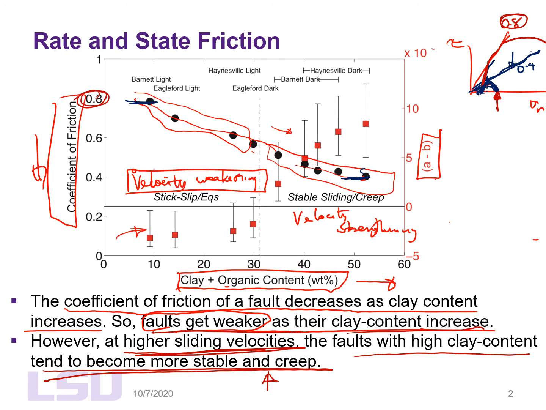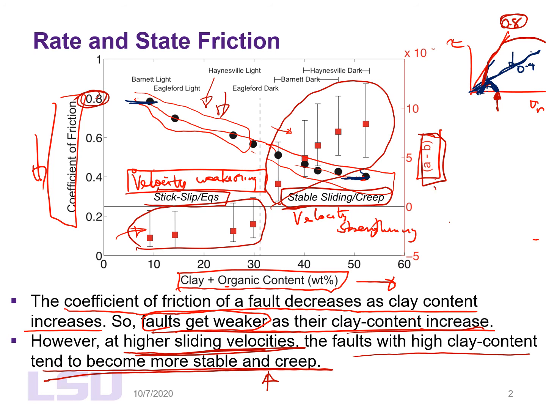How do we know this? From the value of A minus B. A minus B greater than 0, and that's the stable or sliding creep faults. Whereas those with low clay content exhibit velocity weakening, as evidenced by their negative value of A minus B.